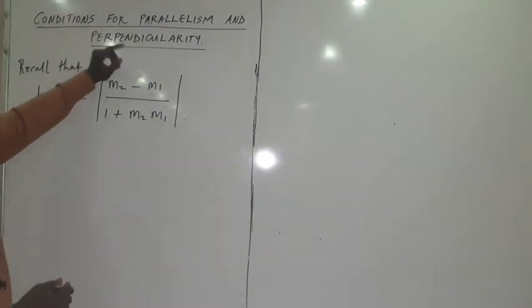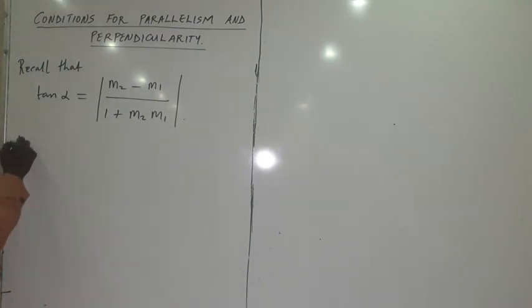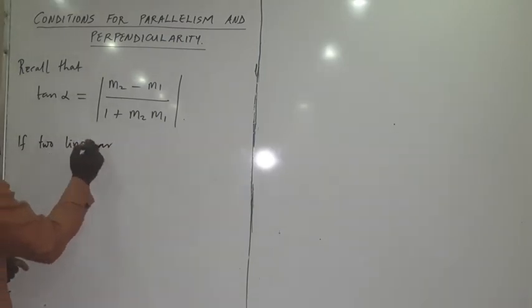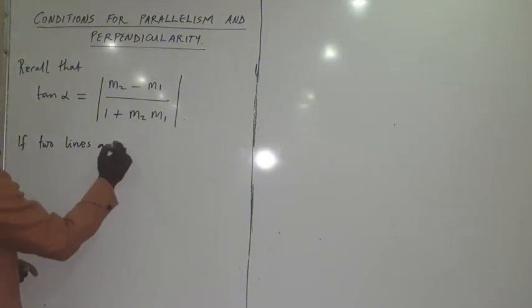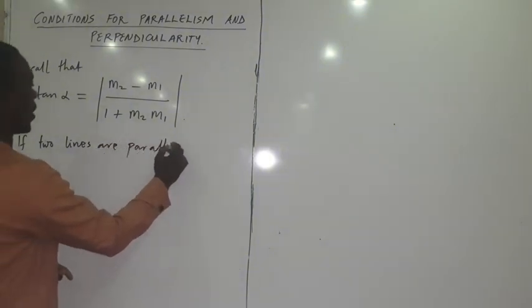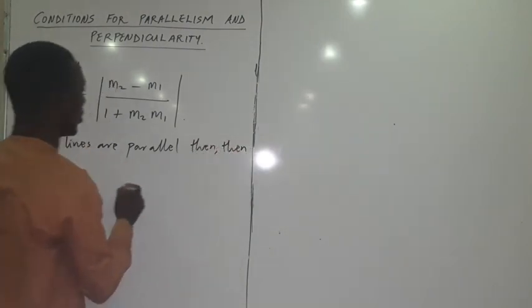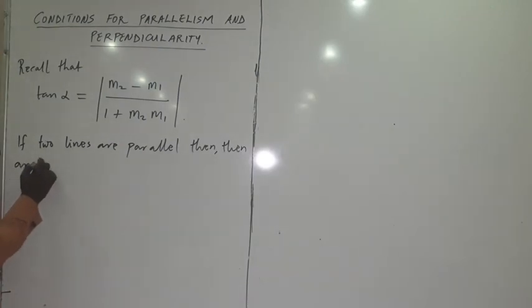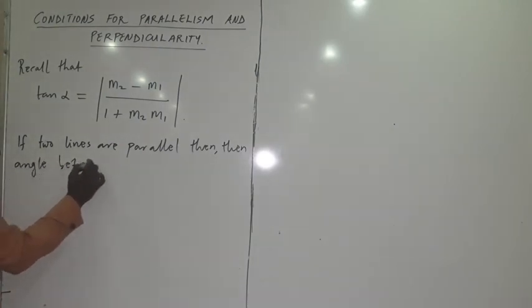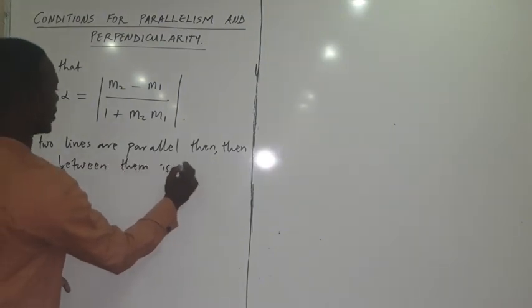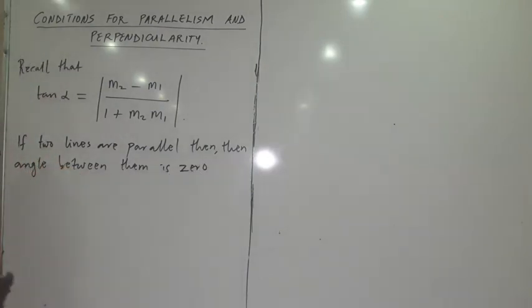So the condition for parallelism: if two straight lines are parallel, then the angle between them is 0.